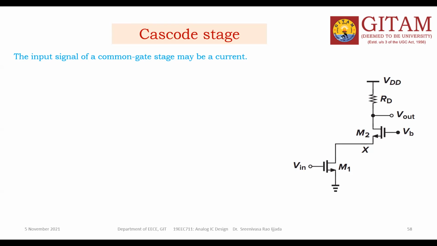Generally, the cascade definition: one stage output is fed to the immediate next stage as the input. That is a cascade. And cascode means we simply say that one transistor sits on top of another transistor, over the other transistor. That is the simple definition to keep in our mind.